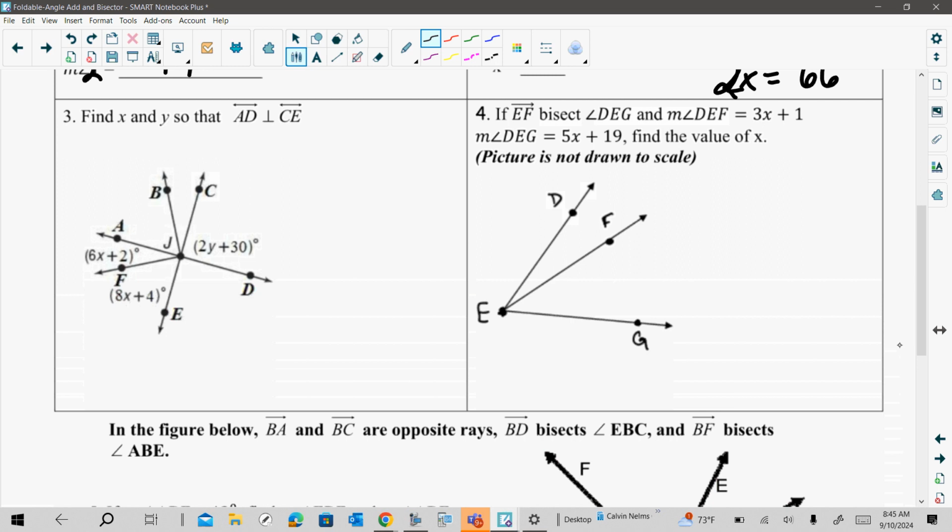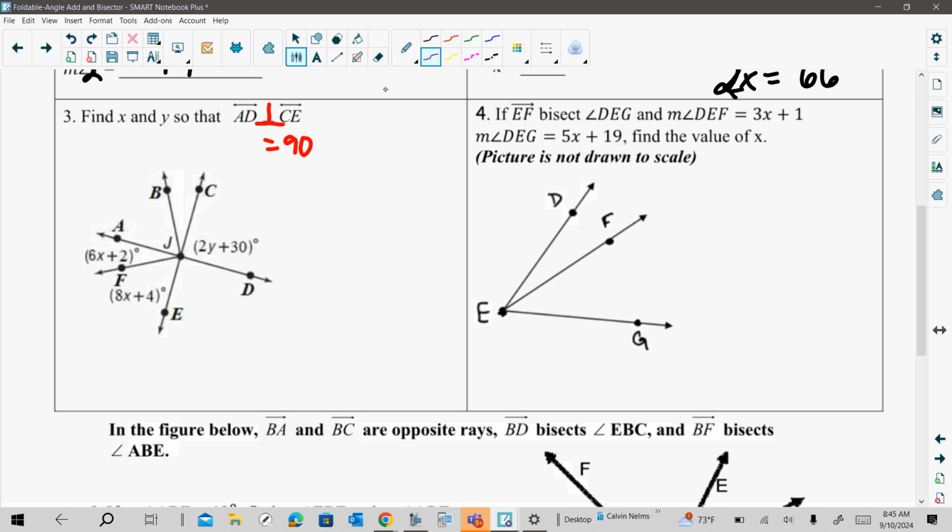Number 3. The key to number 3 is this symbol. What does this upside down T indicate? Which means what? Yeah, it's going to equal 90 degrees, the intersection.